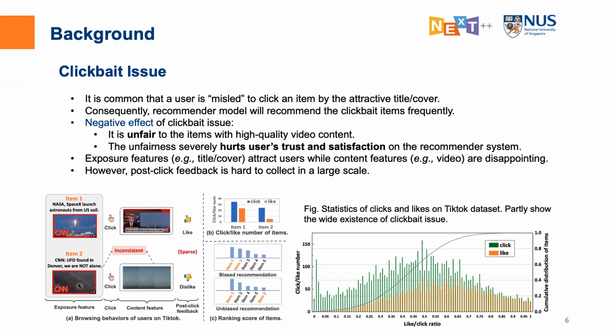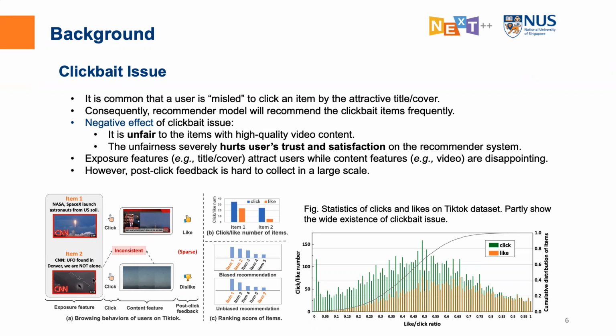But post-click feedback is hard to collect on a large scale, because most of us will not give a rating after viewing a movie or micro video. So our motivation is: can we solve the clickbait issue by just using click signals, without post-click feedback during training?